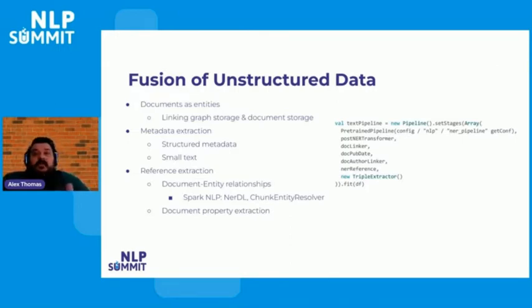Once you have the documents defined, you also want to pull out the structured metadata. This can be along the lines of publication date or other fixed descriptions, keywords, what have you, inside however the documents are stored. Those are some small text ones you might want to pull out. Title might actually be a good property to store.